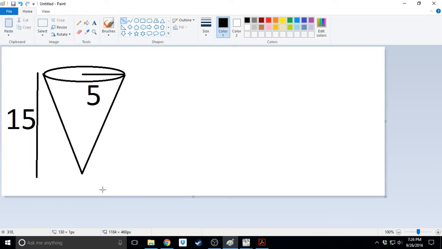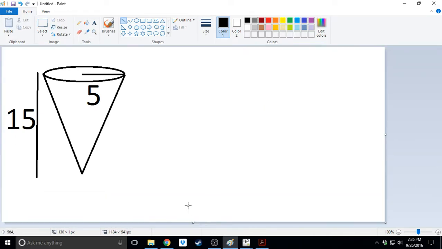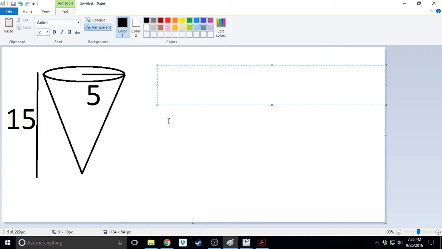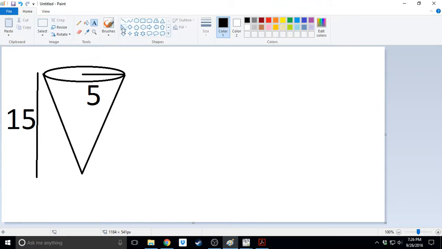Okay. So we have... that's not really integral shaped. There. That's our integral sign.